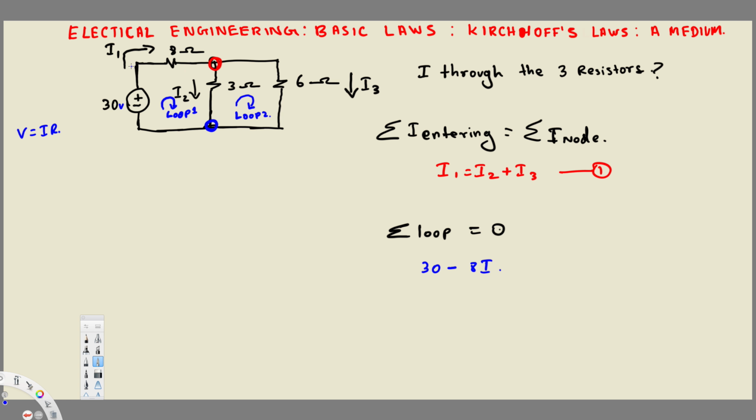Then again, if you come back like this, along the current's direction, that's going to be negative. So this is minus 3 I2 is equal to 0. So this is for loop 1.